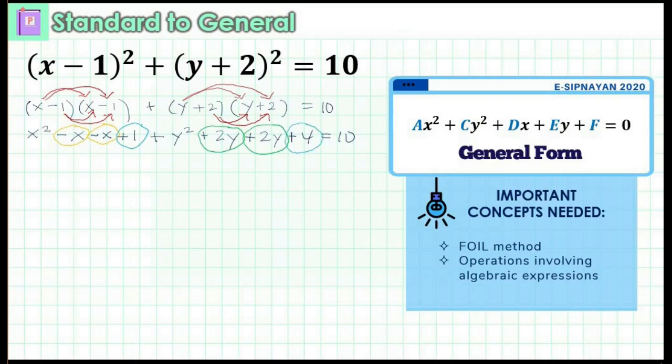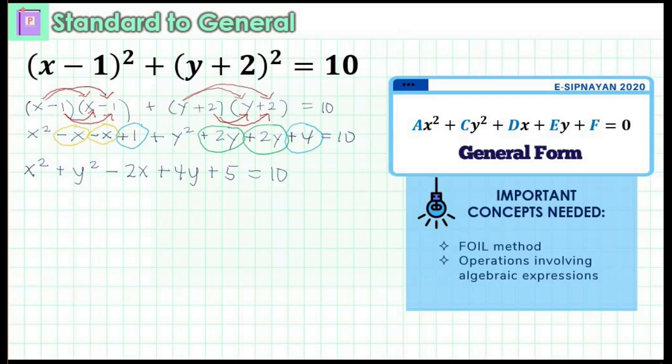So let's start writing those without the like terms. So that is x squared plus, we are going to also copy y squared. Then simplify negative x minus x is simply negative 2x. Then let's simplify the y's. Positive 2y plus 2y is positive 4y. And lastly, adding the constants will give us a value of positive 5 equals the right hand side of the equation there.